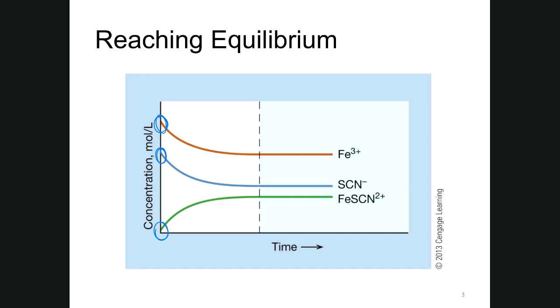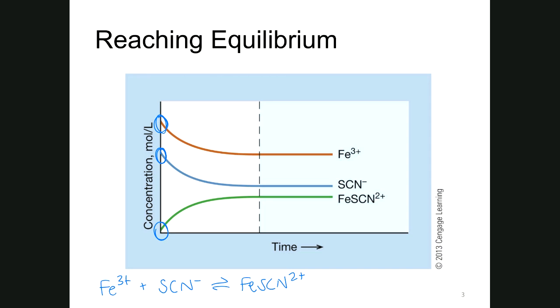The reaction happening here is iron 3+ reacting with the thiocyanate ion to make this iron thiocyanate complex. This is called a complex ion, so it looks a little different from what you're used to seeing, especially in Chem 1, and we'll talk about complex ions in a later chapter.